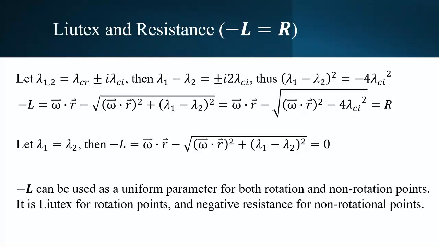So we can use this negative L as a uniform parameter for both rotational and non-rotational points. It is the Lutx for rotational points, and it will be the negative resistance for non-rotational points.